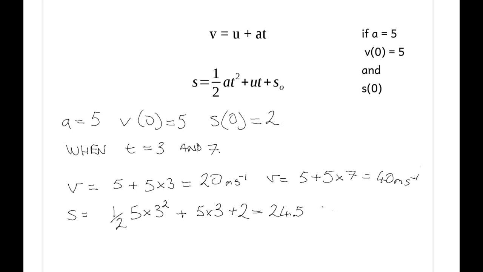If we do this again with 7 seconds, we get a half times 5 for acceleration times 7 squared. You may need a calculator for this version. So it's 49 times 5 halved, plus 5 times 7, plus 2.